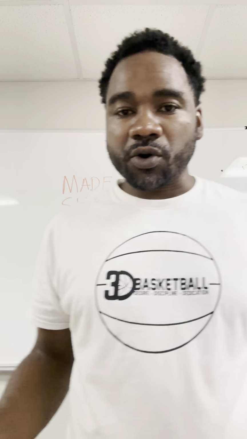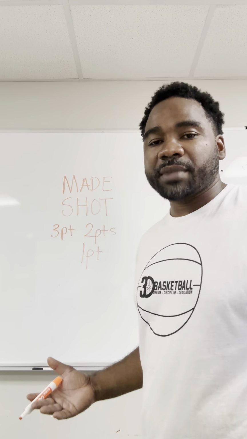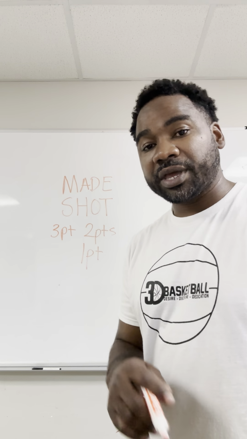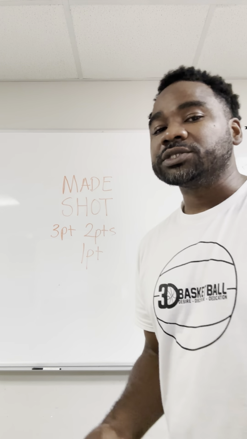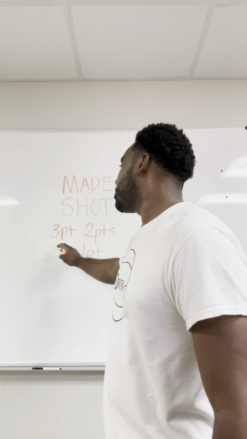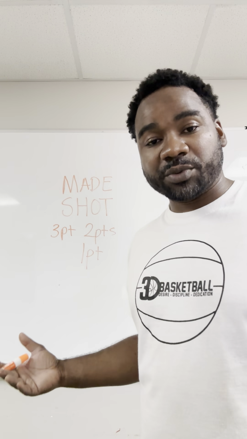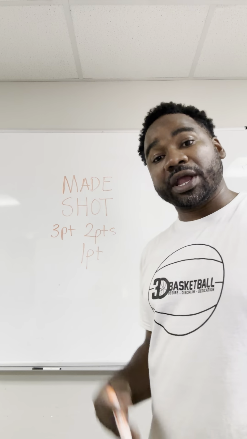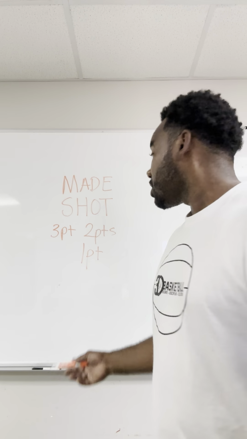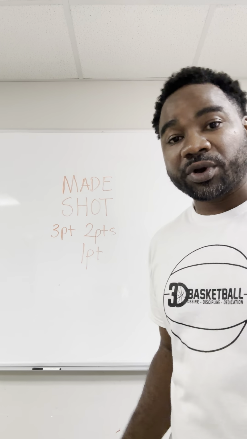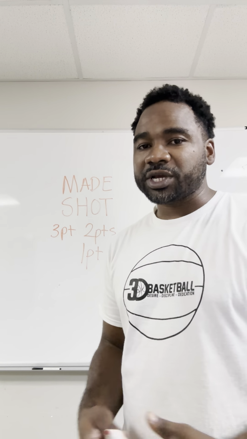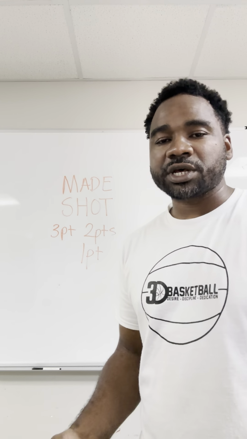The points are totaled by 3 points made, 2 points made, or 1 point made, depending on where you are on the court. So, in order to score 3 points, you have to be behind the 3-point line. If you score 2 points, that means you're in front of the 3-point line. 1 point is scored when you're shooting a free throw. And we'll get deeper into this as we continue to learn the foundations and the rules of the game.